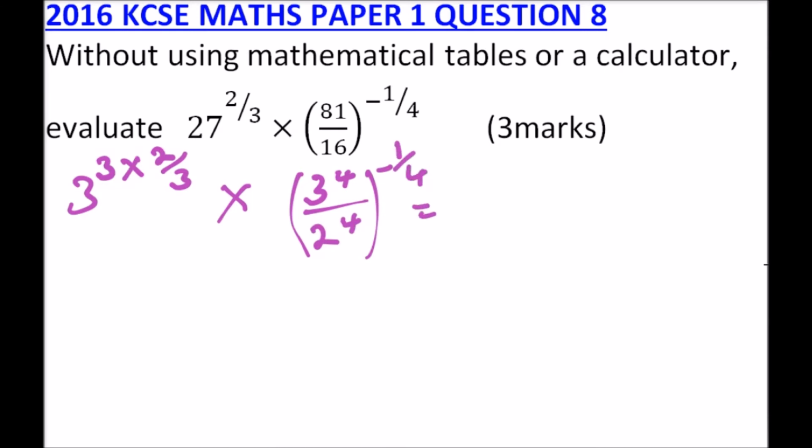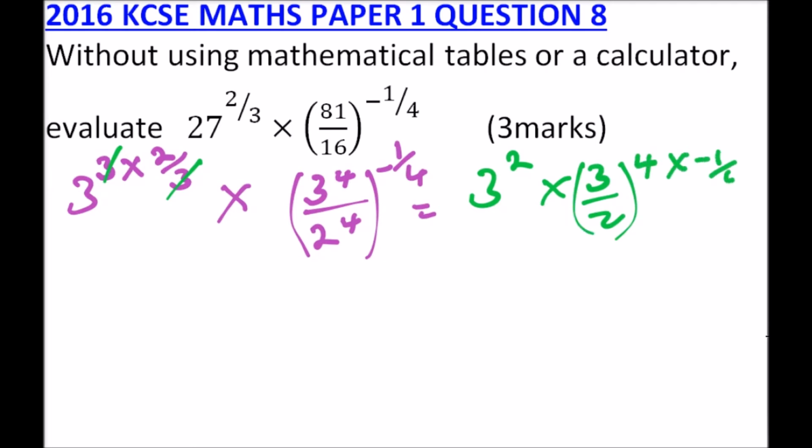So this is equal to, we open the bracket, so 3 times 3 divided by 3 is 1. So this is 3 to power 2. You multiply by, now this is the same as 3 over 2, then to power 4 multiplied by minus 1 over 4. So once you write like that, and then 4 divided by 4 is 1.